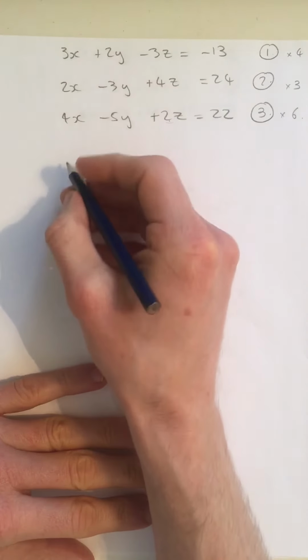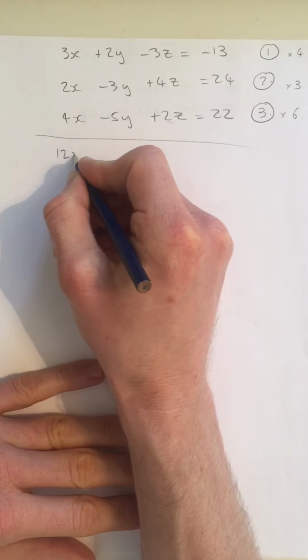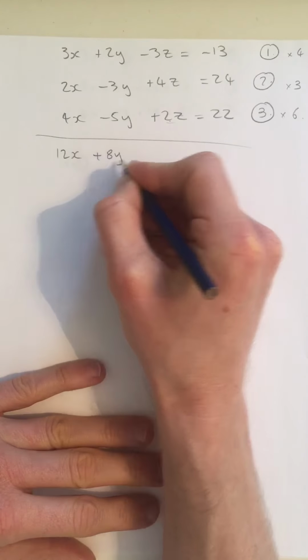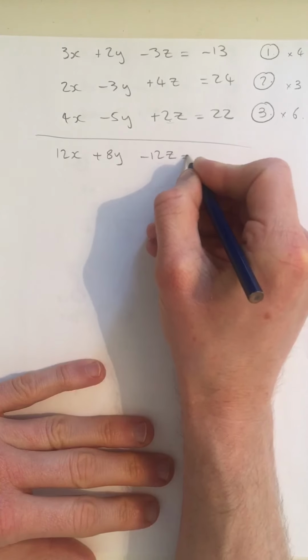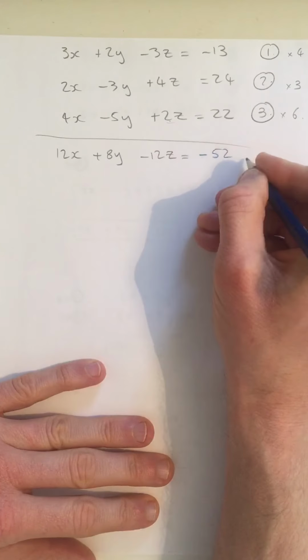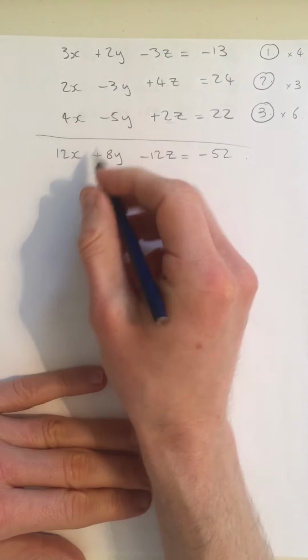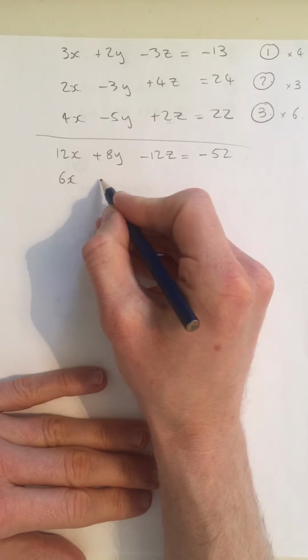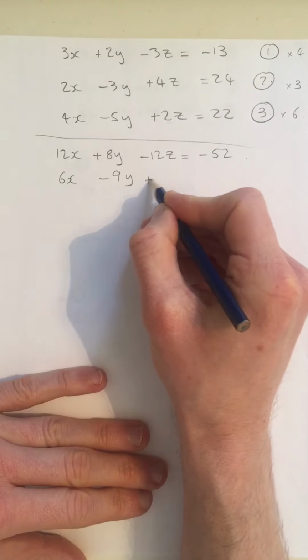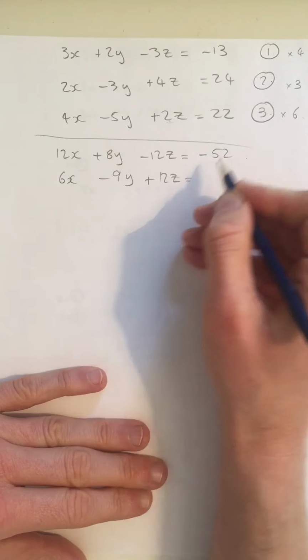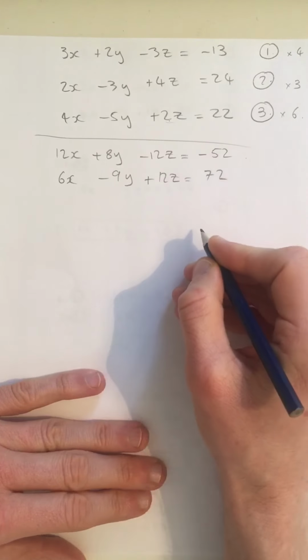So equation 1 will become 12x plus 8y minus 12z equals minus 52. Equation 2 is going to become 6x minus 9y plus 12z equals 72.